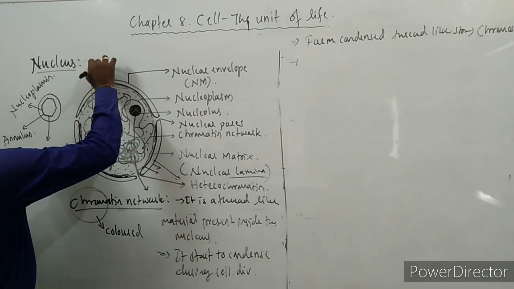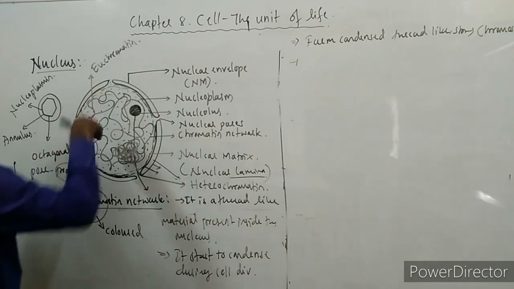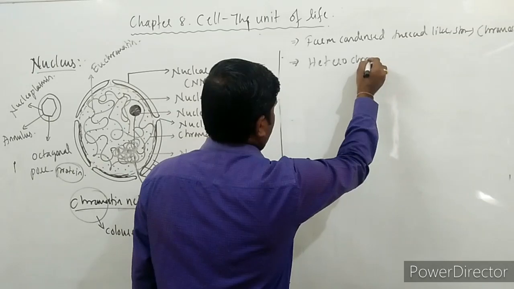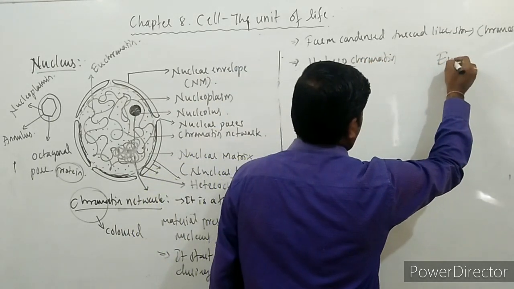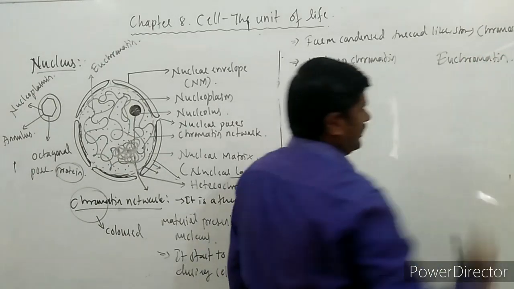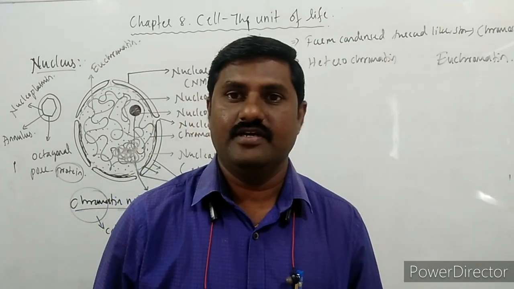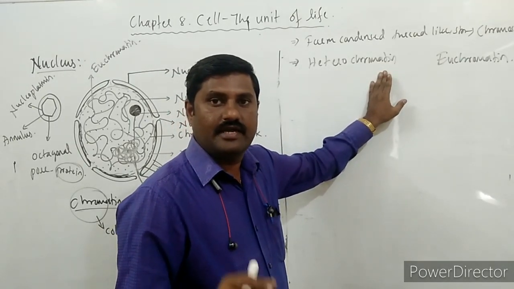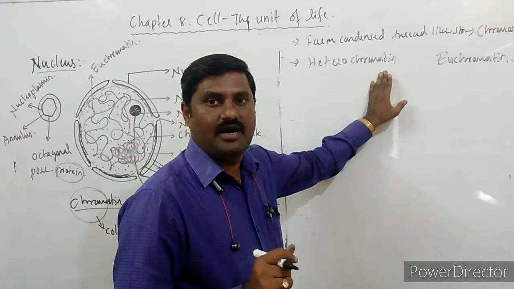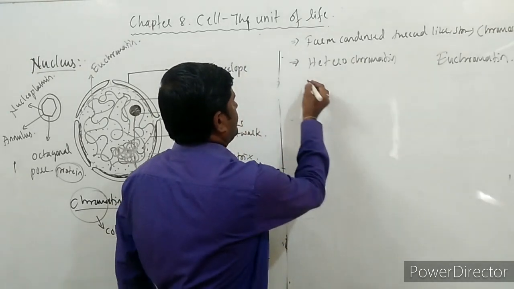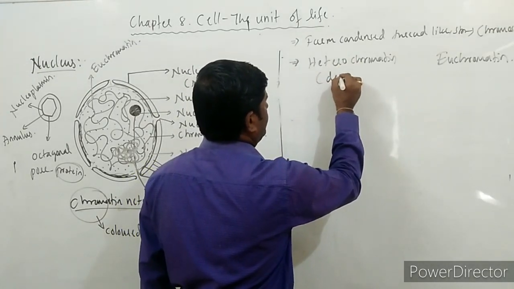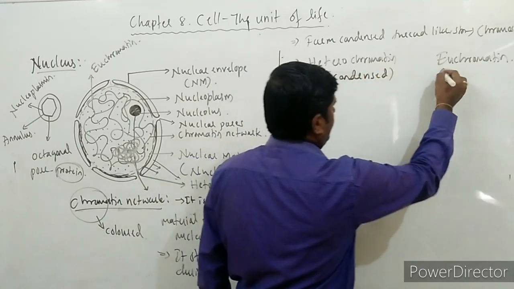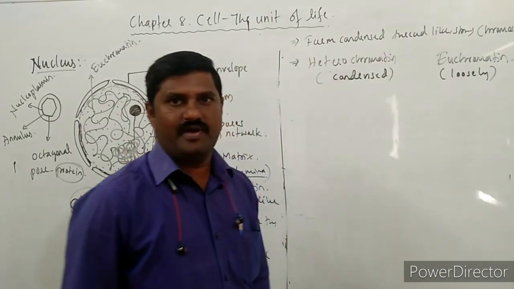So these are the two types of chromatin that we come across here: heterochromatin and euchromatin. Heterochromatin is a highly condensed, tightly condensed structure of the chromatin network, and euchromatin is the loosely condensed chromatin network itself.